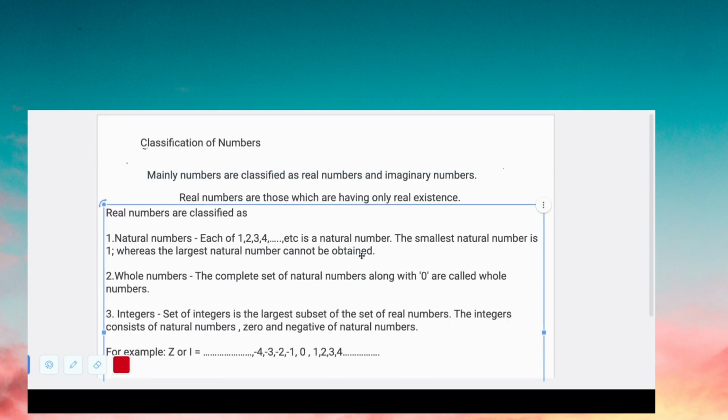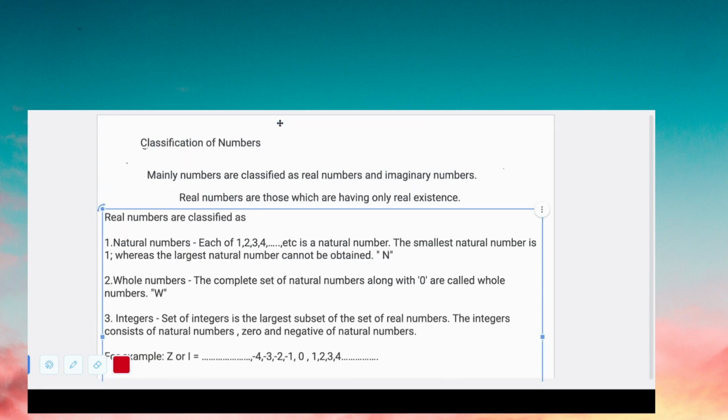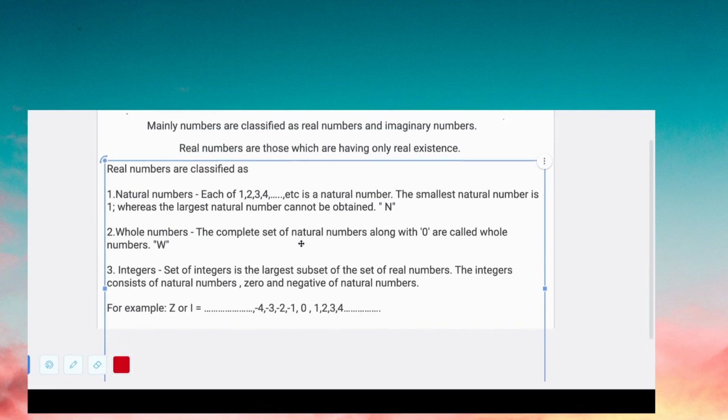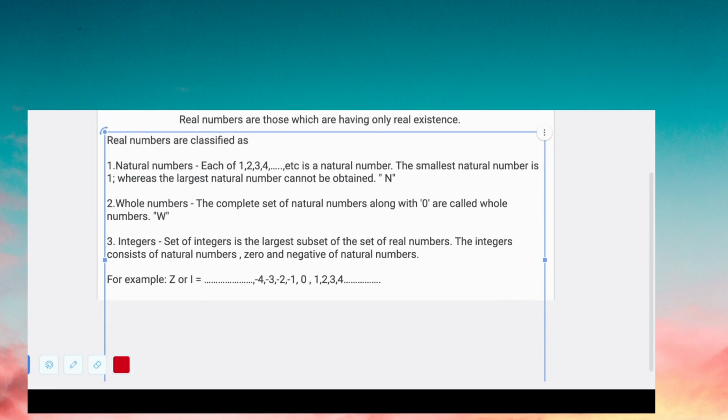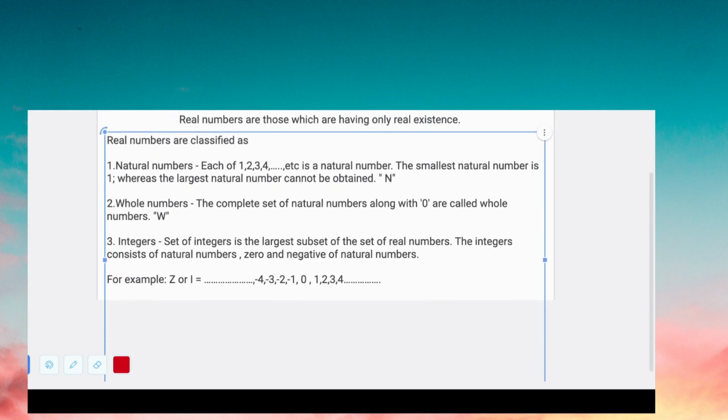Natural numbers can be represented as N and whole numbers as W. Likewise, integers are represented by the letter Z.